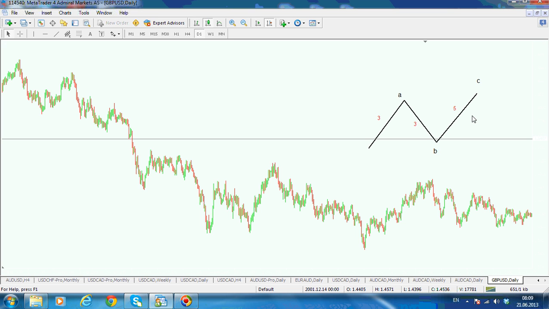Wave C must share some common territory with wave A, definitely, and also wave C must be maximum 2 times the longest wave between A and B.